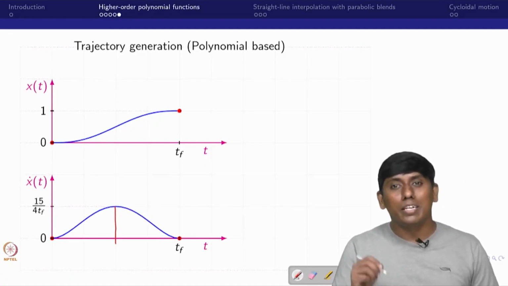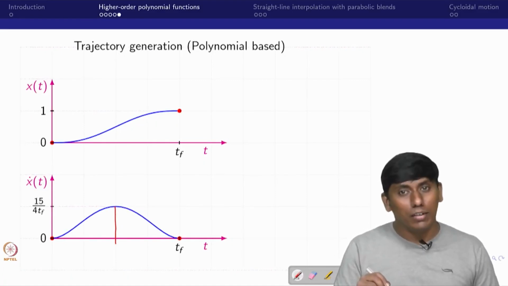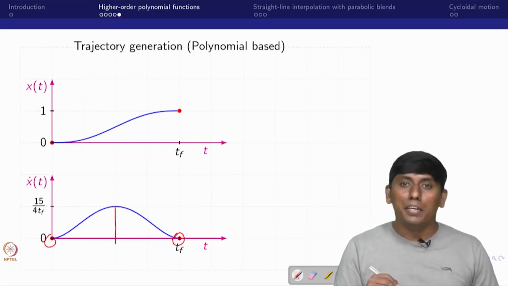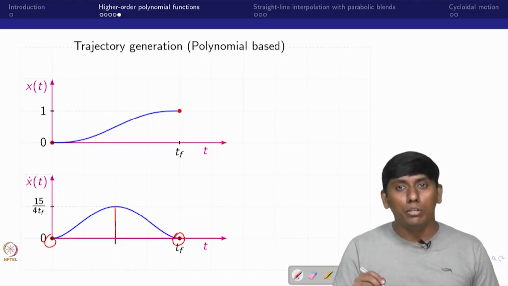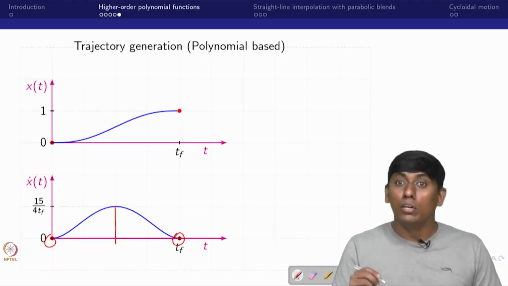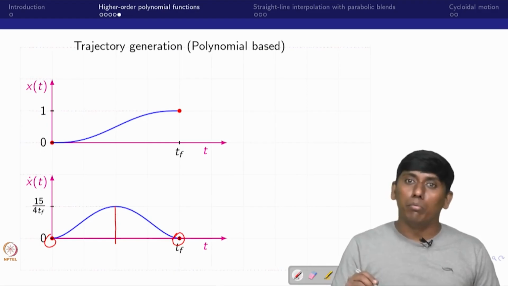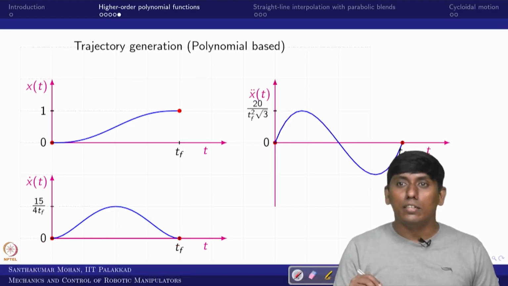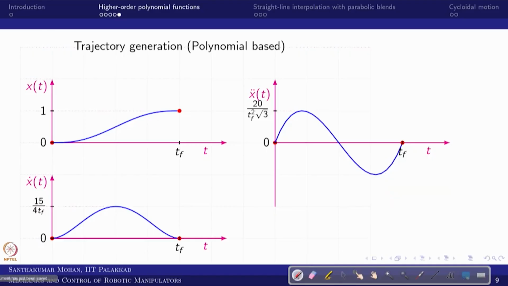But what can one expect from the acceleration constraint? If I assume 0 initial and final velocity, the same way I can do even initial and final acceleration 0, or I can keep whatever I want. Right now I assume 0 initial and final acceleration. In that sense, you can see it is a simple sinusoidal curve, it starts from 0 and ends also at 0. Even if you start from some finite value, you will get only sinusoidal acceleration.